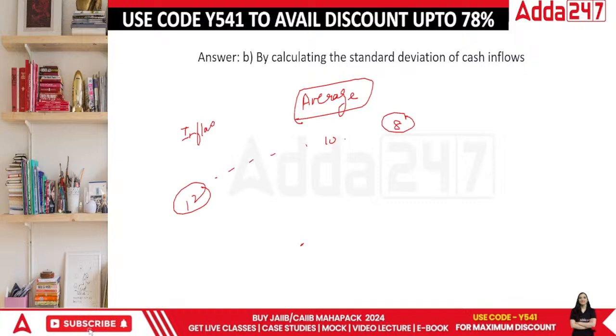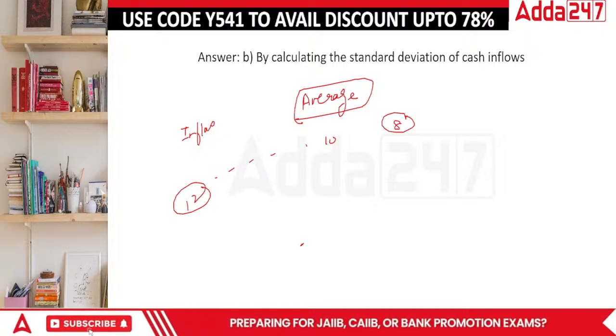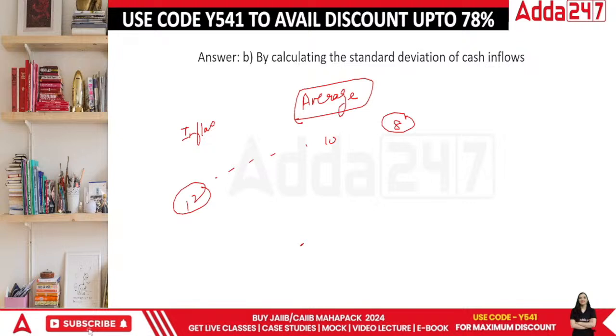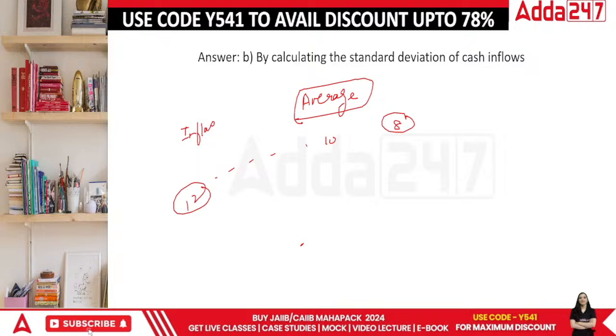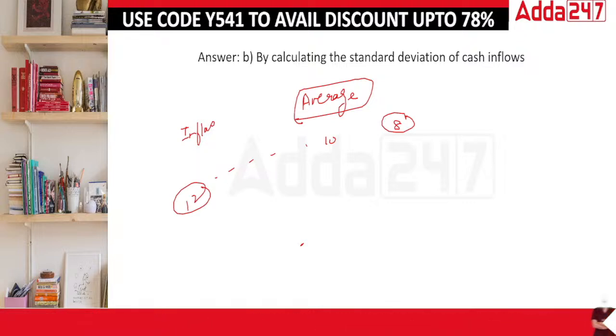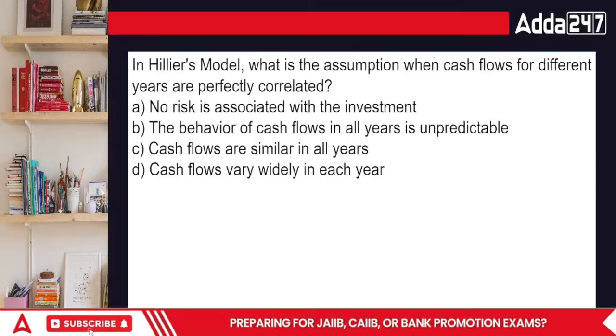But what about outflows? If we are losing, then it's actually bad. Because when I'm getting the money in due course, if I'm getting less money, it's bad, and if I'm getting more money, it's good. So if I'm deviating from the standard or I'm not able to make a decision, then things can really affect my business. So in this case, we calculate the standard deviation of the cash flows.